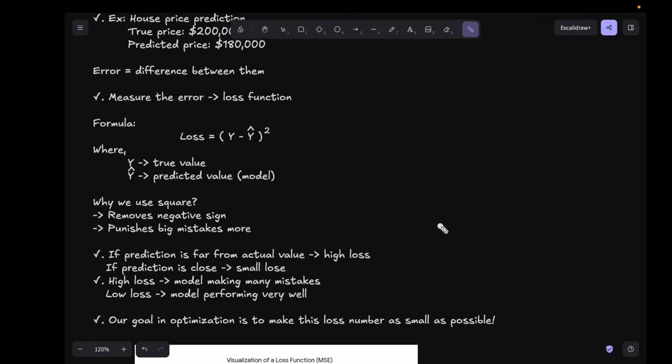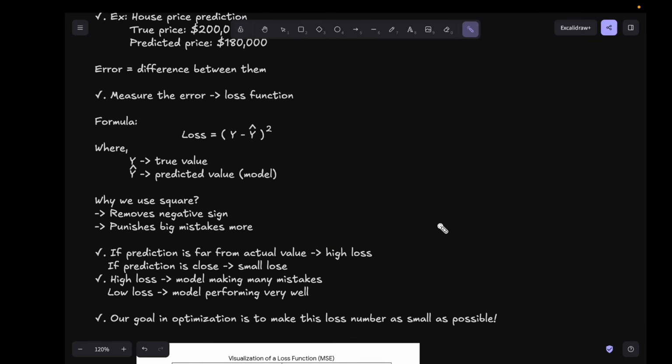A high loss means our model is making many mistakes and a low loss means it's performing very well. So our goal in optimization is to make this loss number as small as possible.